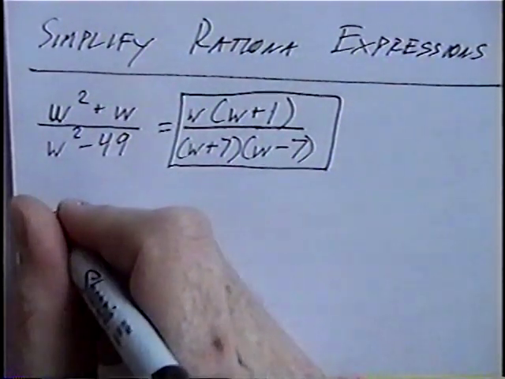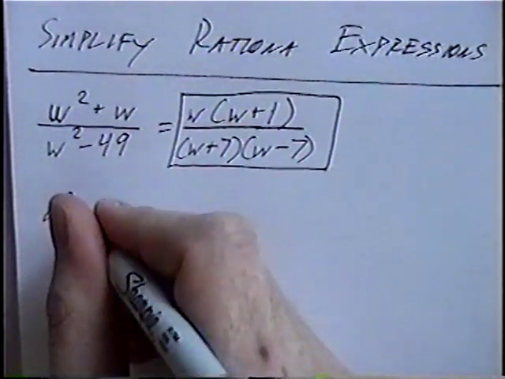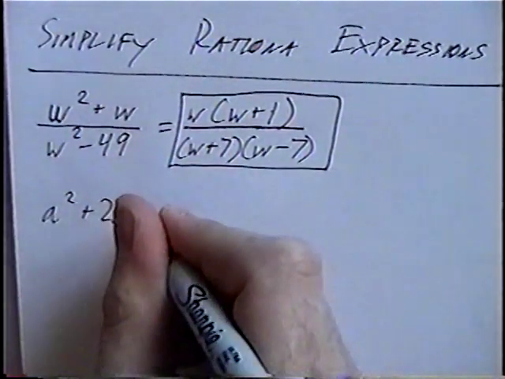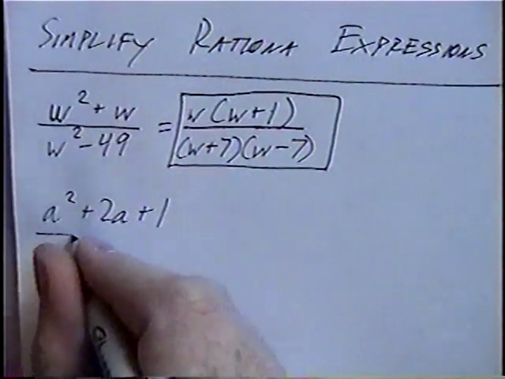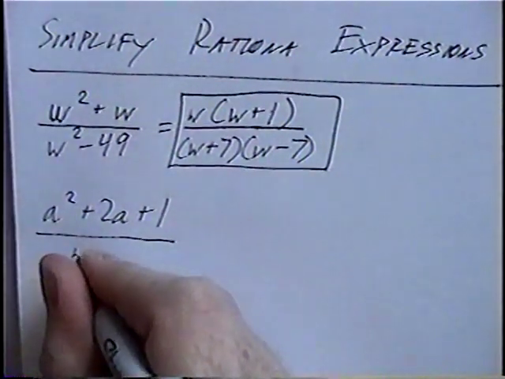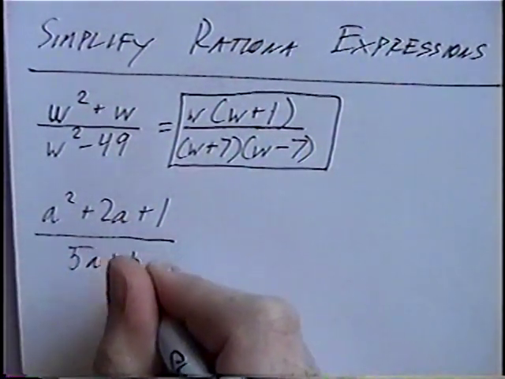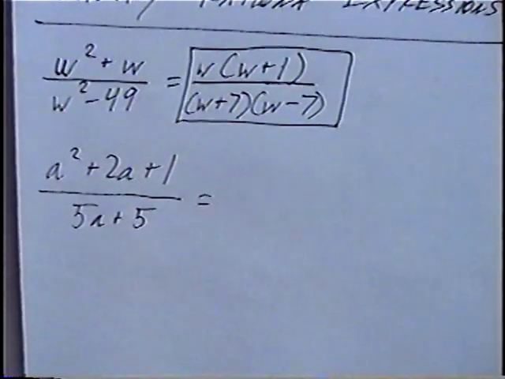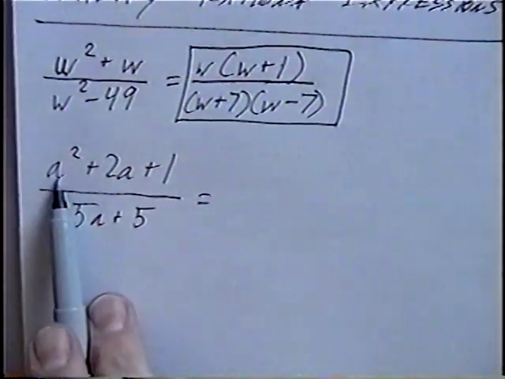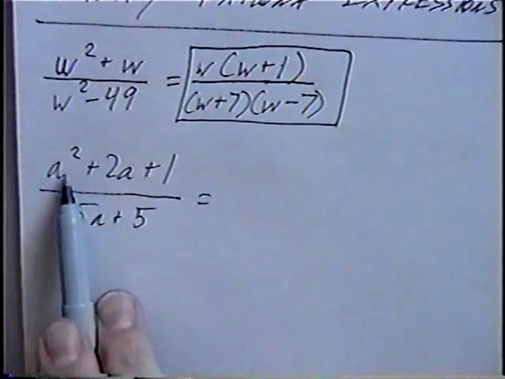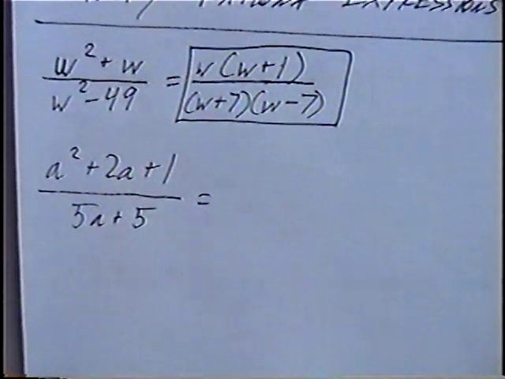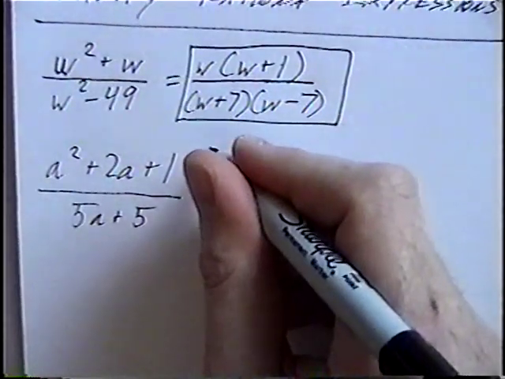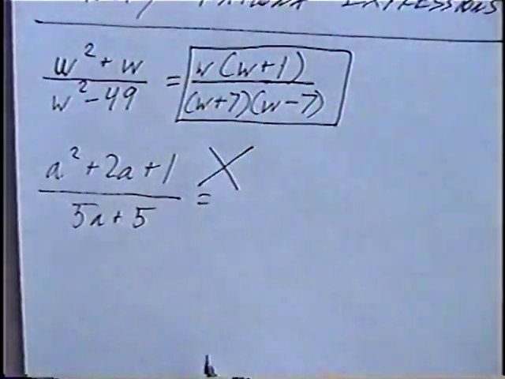Next question for the section is a squared plus 2a plus 1 divided by 5a plus 5. In this question, we have a trinomial for the numerator, a squared plus 2a plus 1. In that case, we can draw the x to factor.